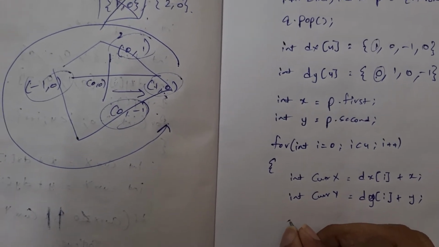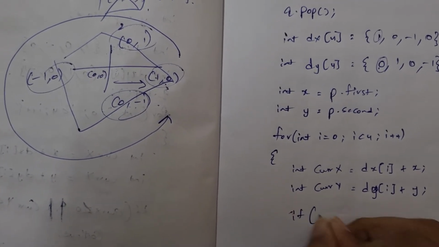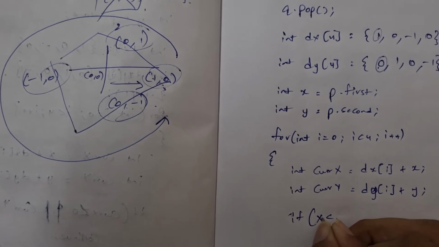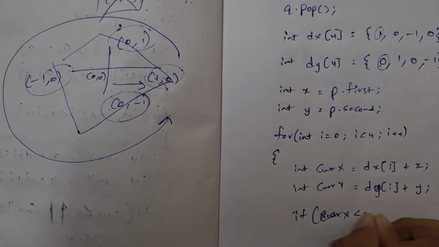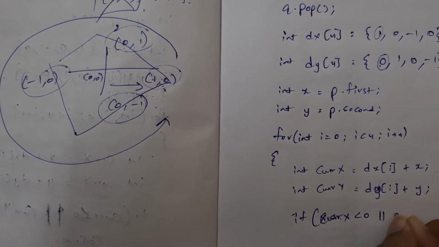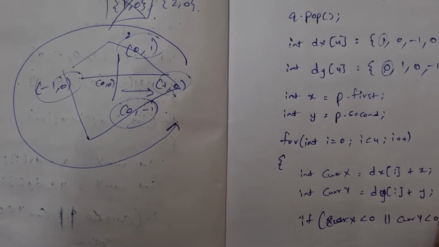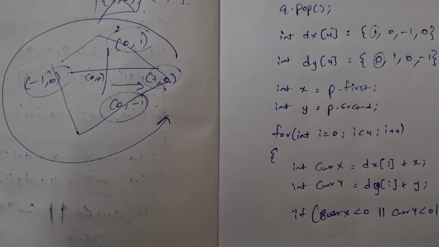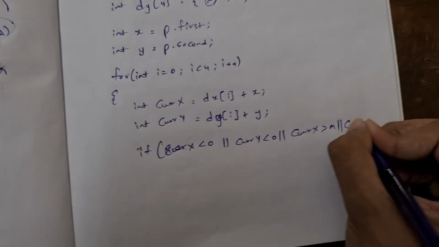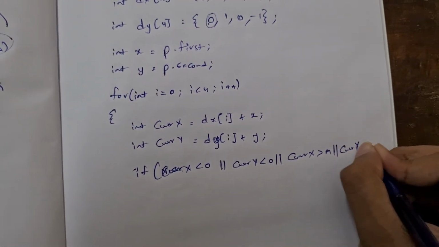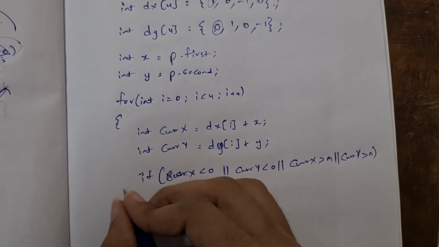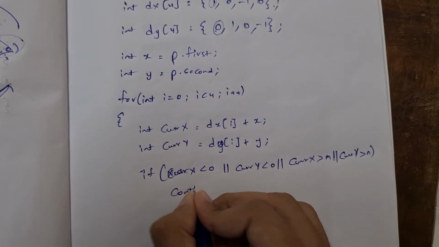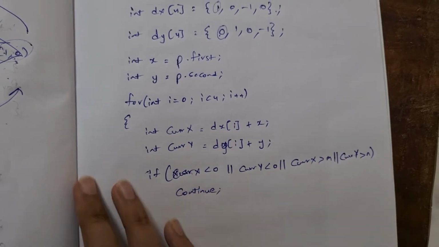The four checks will be: if current x less than 0, or current y less than 0, or current x greater than the number of rows, or current y greater than the number of columns, then we don't have to do anything. So we will add a continue statement.